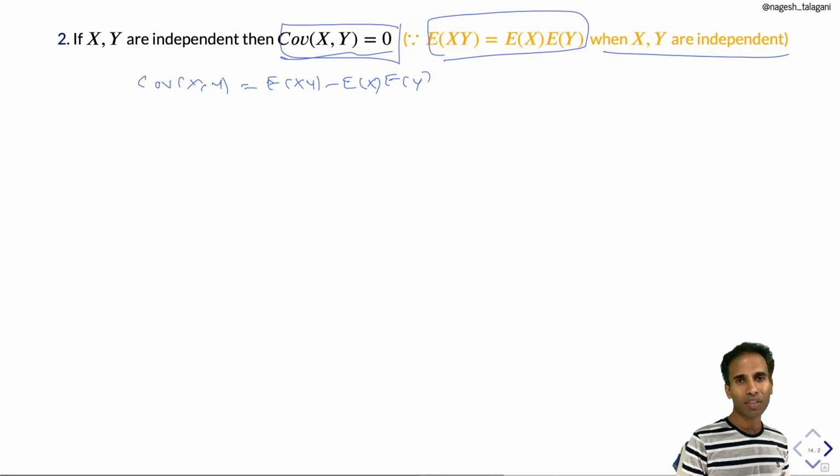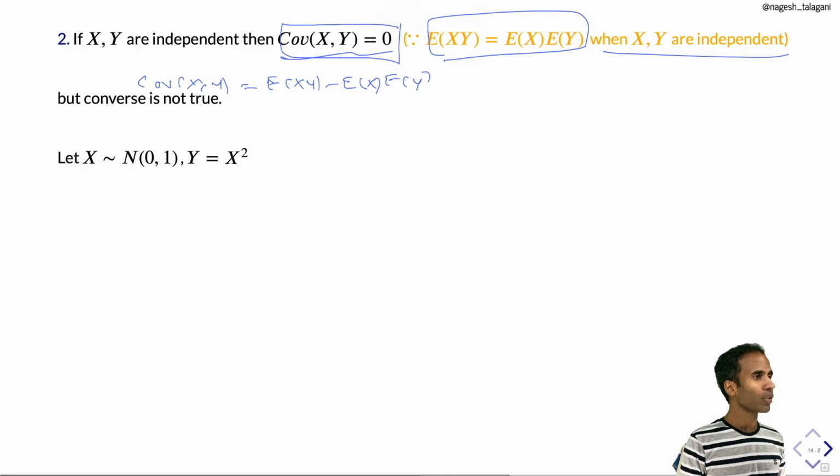But what about the converse? If covariance of xy is 0, can we say x and y are independent? No. Here is an example. The converse is not true. If I take x as a standard normal random variable and y equal to x square, obviously you can see that y is not independent of x. Y equal to x square, y depends on x, right? Here x and y are not independent.